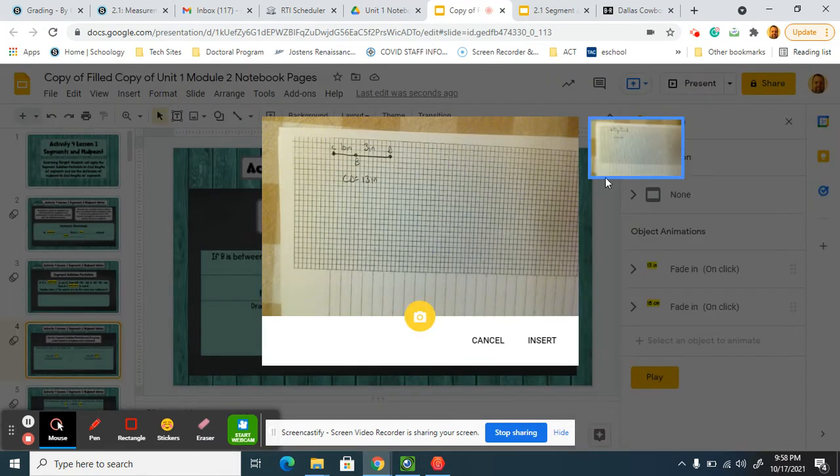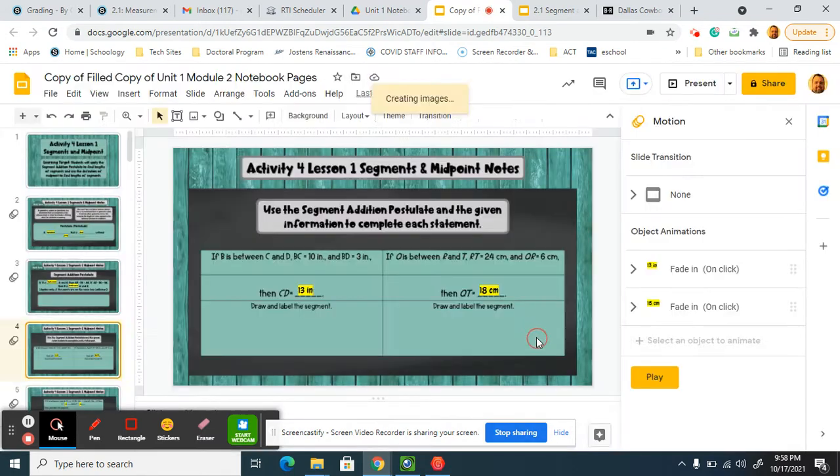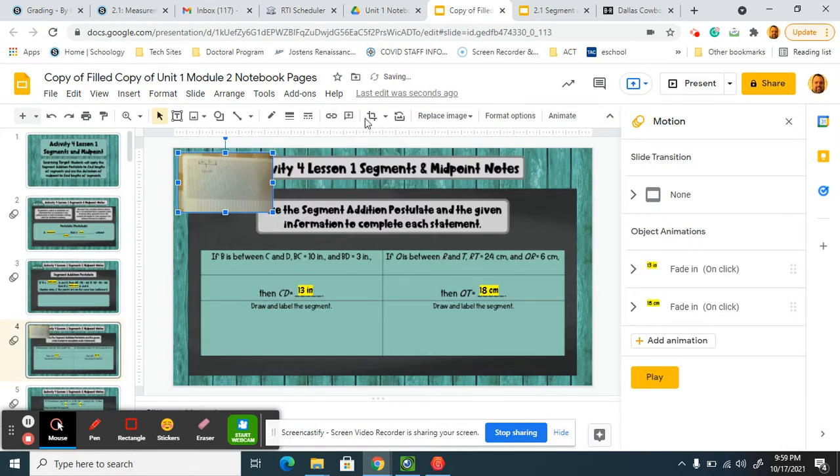You can take that picture. If you want to crop it or whatever. So you can just leave it like that and then enter 13 inches into the answer.